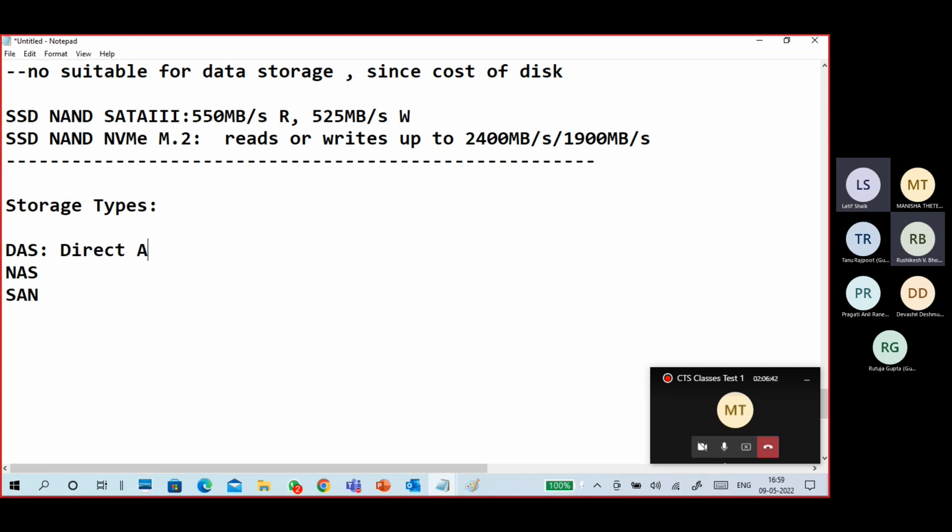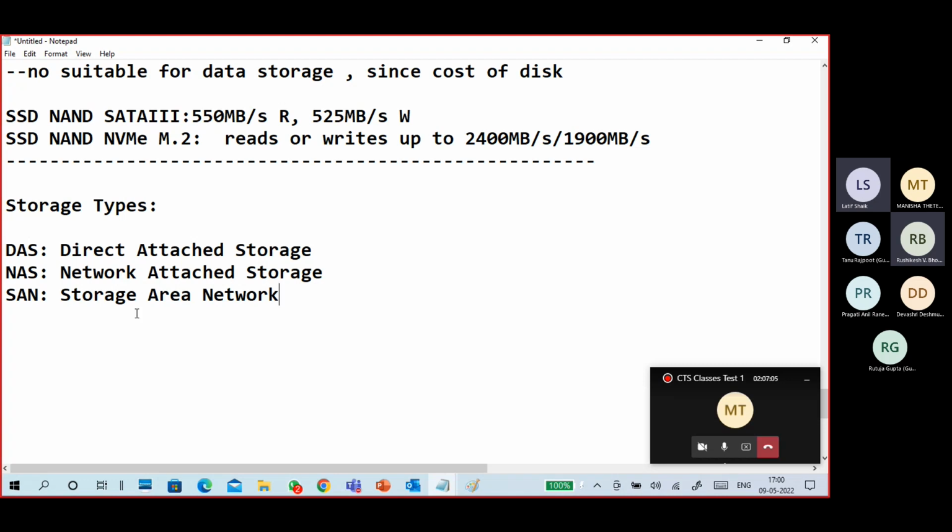Direct attached storage. NAS, network attached storage. SAN, storage area network.